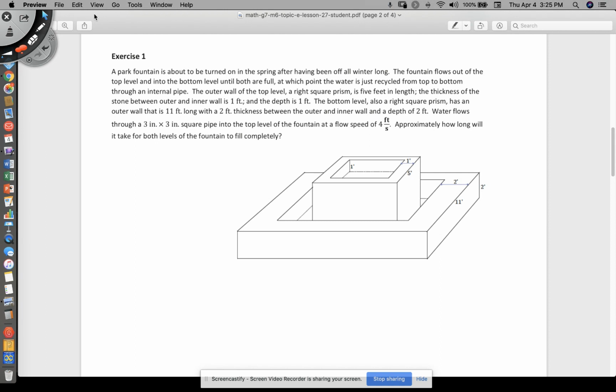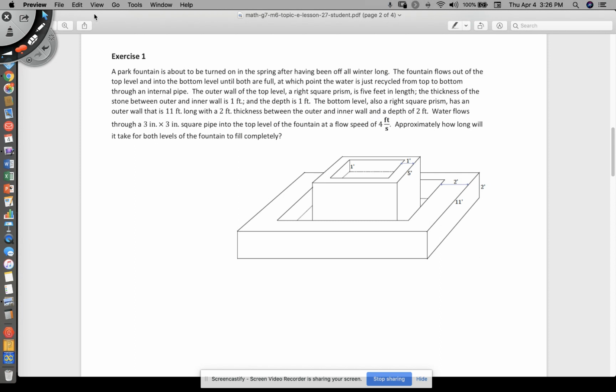The outer wall of the top level, a right square prism, is 5 feet in length, with a thickness of the stone between the outer and inner wall of 1 foot, and the depth is 1 foot. The bottom level, also a right square prism, has an outer wall 11 feet long, with a 2 foot thickness between the outer and inner wall, and a depth of 2 feet.